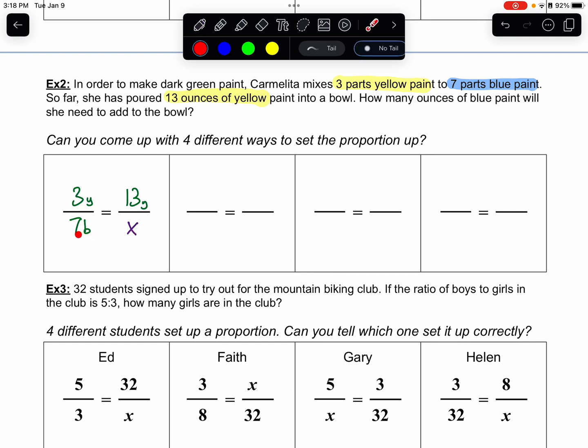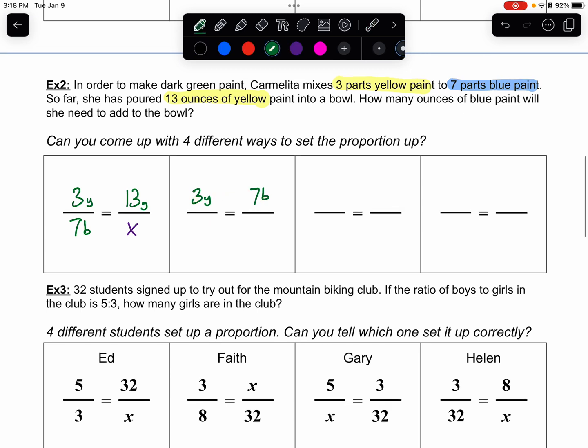So if we're going to use 7 blue, then how much blue do we need if we have 13 yellow? Let's set it up another way. I could do 3 yellow for every 7 blue. So if we're doing it this way, 3 yellow for 7 blue, 13 yellow, the other thing we know, goes down there. And the unknown amount of blue goes right there.